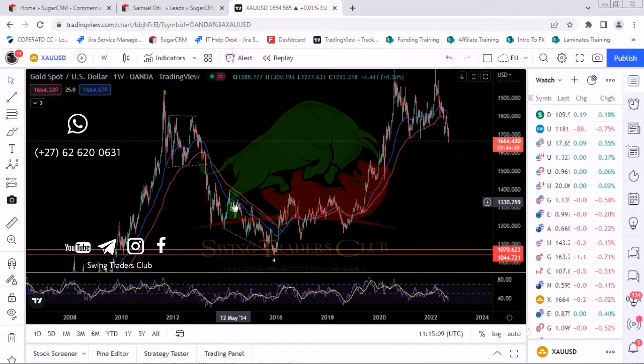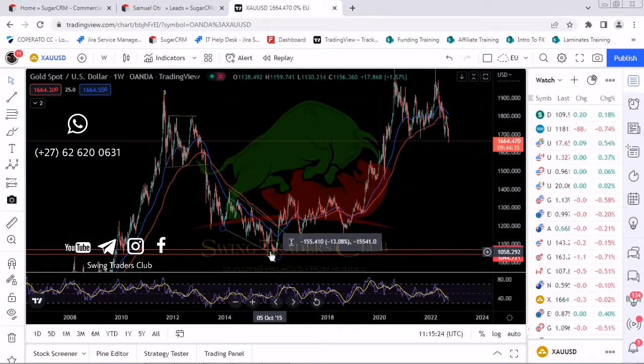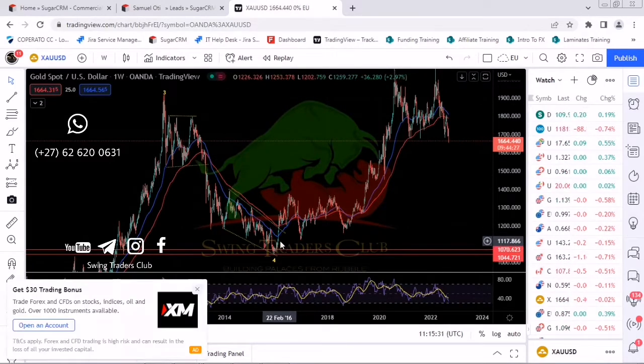Okay. So in this case, we can actually say that, okay, this movement, someone can come and say 1, 2, 3, 4, this can be 4, and then it ended up with your 5. And then the 5, it was an ending diagonal. Well, you might be right, but in this case, remember this 1, 2, 3, 4, 5 is in the form of a correction.